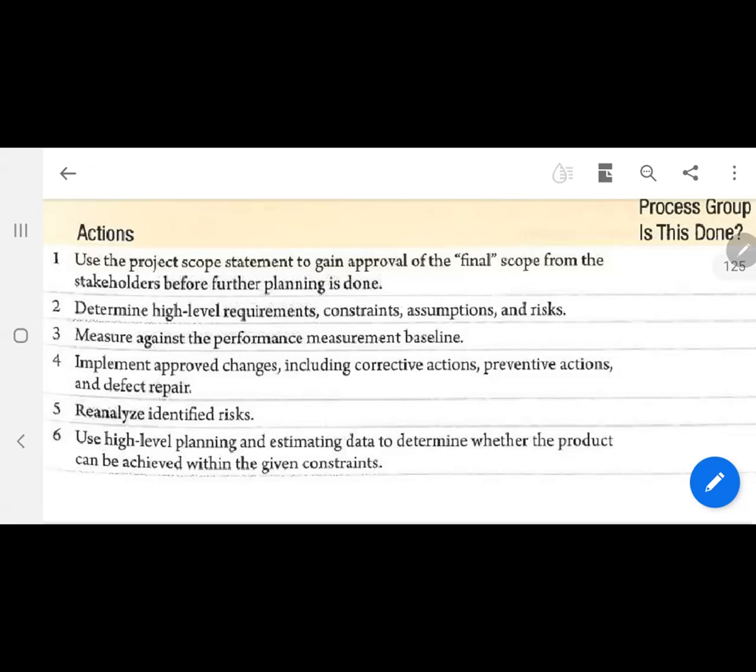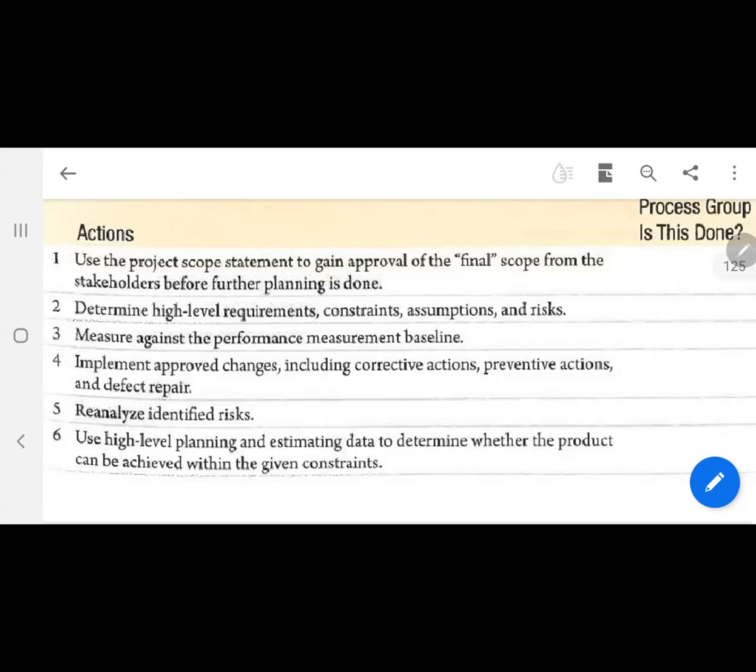Let me just give you a small hint. You need to know the terminologies and the words that are used to describe each process group. When those words are being used, you should mark how they are being used, and they'll be associated with each of these process groups. For example, the initiating process group is associated with phrases like high-level requirements, high-level scope, high-level schedule, summary budget, so everything is high level, an overview.